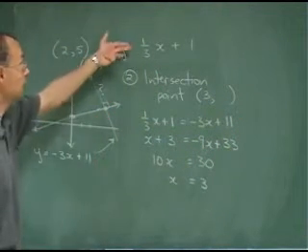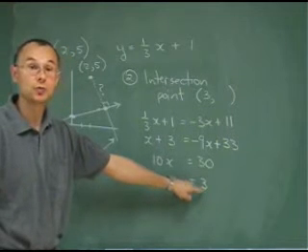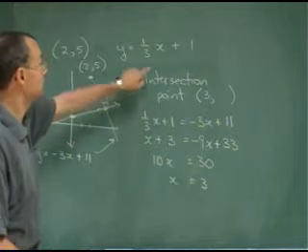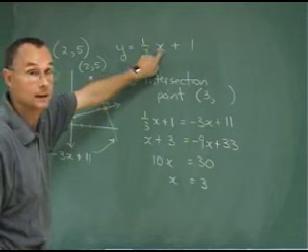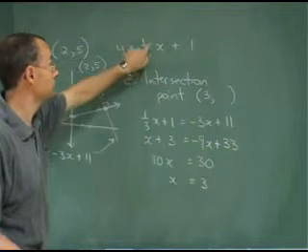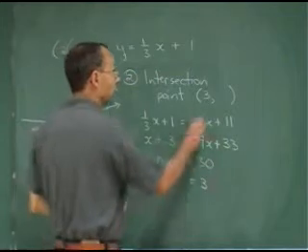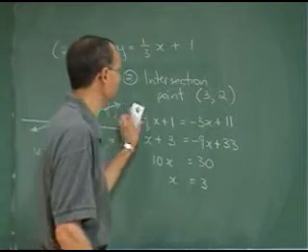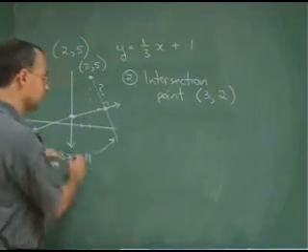You can use either one of these two equations and substitute in an x value of 3. It doesn't matter which one you use, whichever one looks easiest. Maybe I'll use the top one because then I have 1/3 times 3, which is 1. 1 plus 1 makes a y value of 2. Now, in case you don't believe me when I say you can use either equation, let me use the other equation.